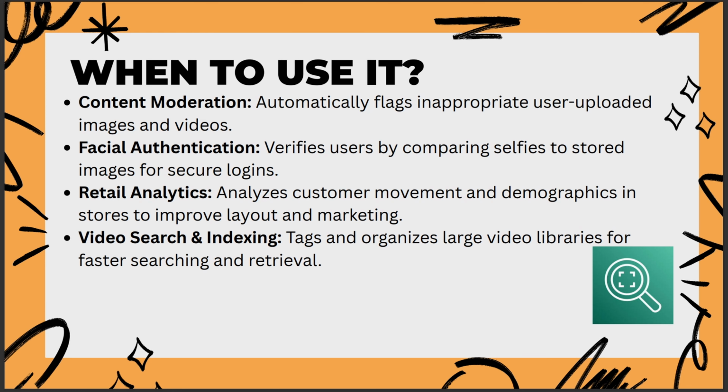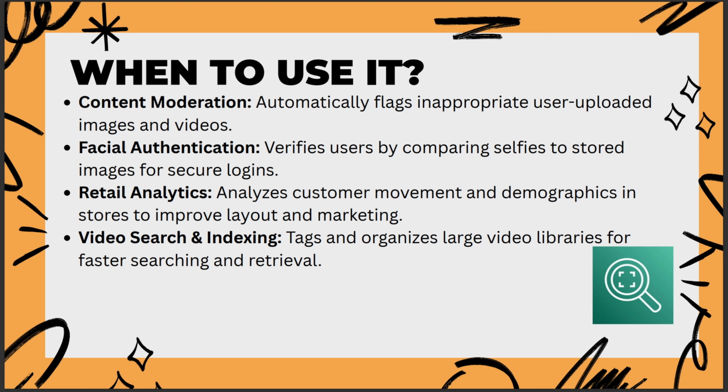Let's look at some of the use cases of Amazon Rekognition. First of all, one use case that I think is pretty important is content moderation, because most social media platforms these days, and platforms in general, need content moderation. The way that AWS Rekognition achieves this is it automatically flags inappropriate content uploaded by the user, whether that be videos or images. Rekognition can also do facial authentication.